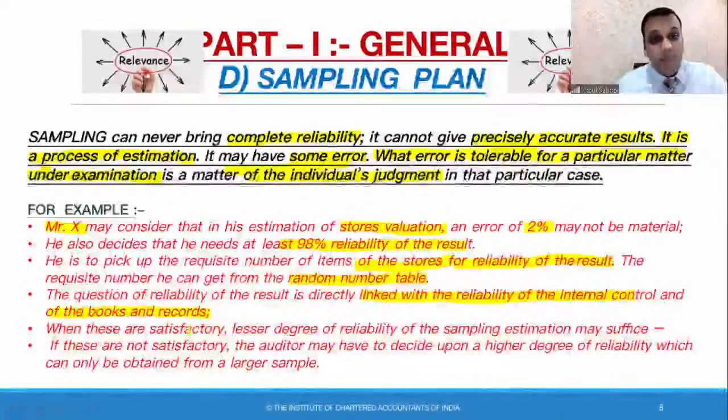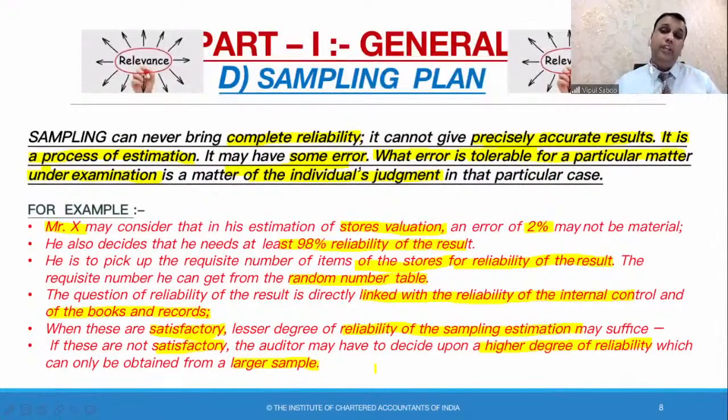So if the reliance is satisfactory, a lesser degree of reliability of the sampling estimation is needed. If not satisfactory, the auditor may have to decide upon a higher degree of reliability, which can only be obtained from a larger sample.